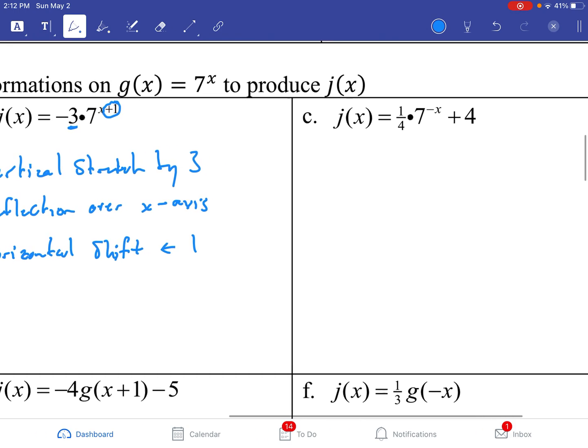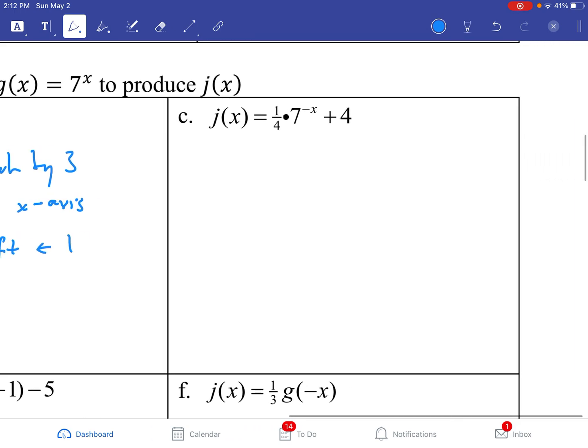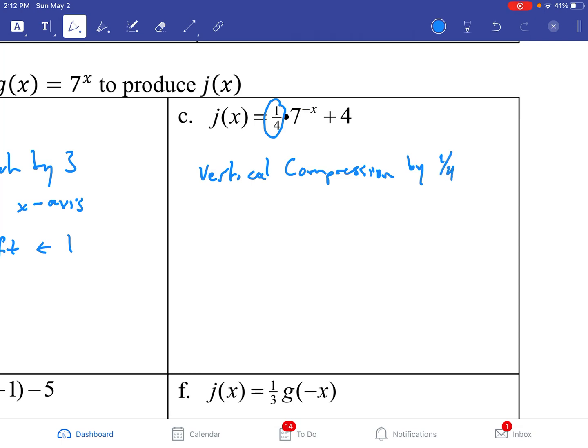Okay. Next we have part C. We have 3 things going on here as well. We have the 1/4 out in front, which is a vertical compression of 1/4. Okay.